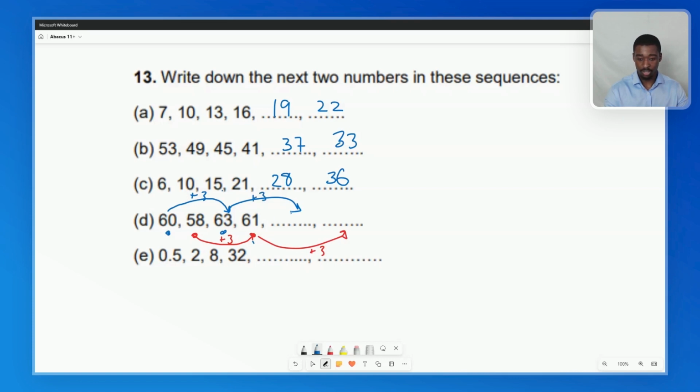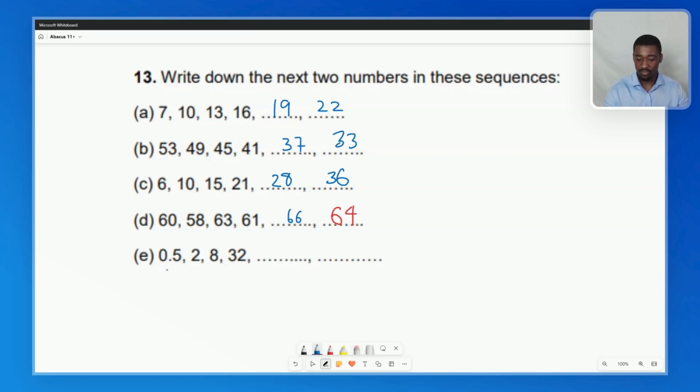So 63 plus 3 gives us 66. 61 plus 3 gives us 64. So those are our answers, 66 and 64. And it's from recognizing that the pattern is between every other number. So watch out for that sometimes when we see it in the exam.